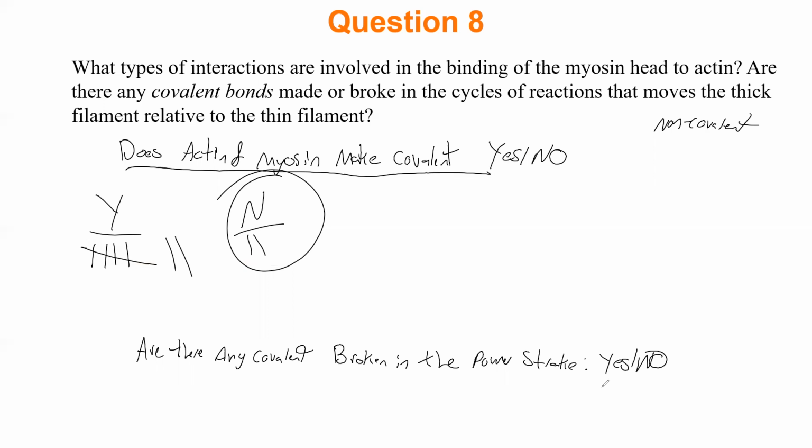Or are we making covalent bonds? Not talking about actin and myosin themselves, I'm talking about the whole system now. So again, just feel free to pop in a quick yes or no in the chat on what you think. Are we making or breaking any covalent bonds in the power stroke?